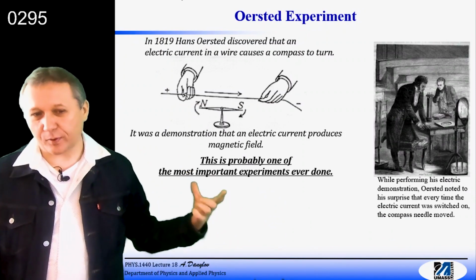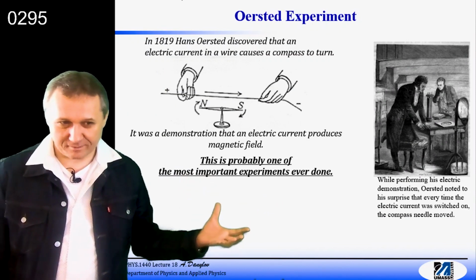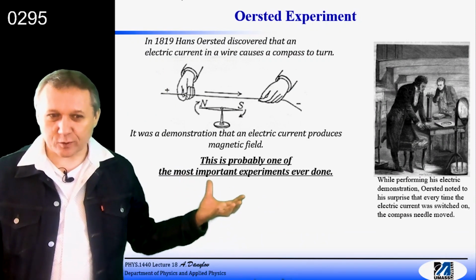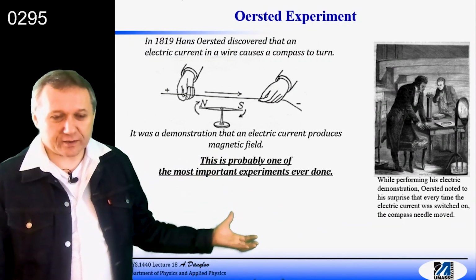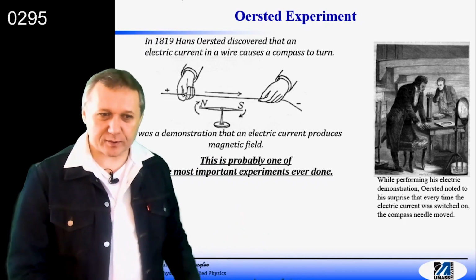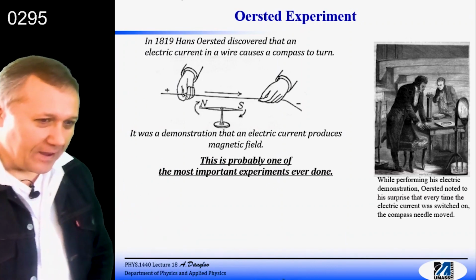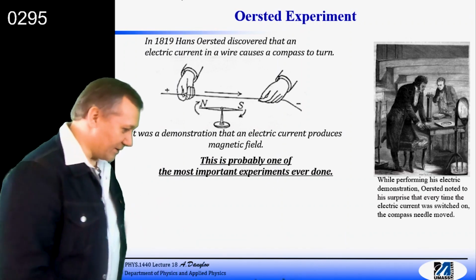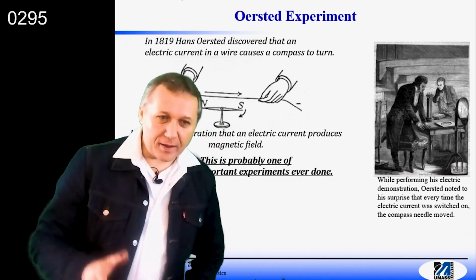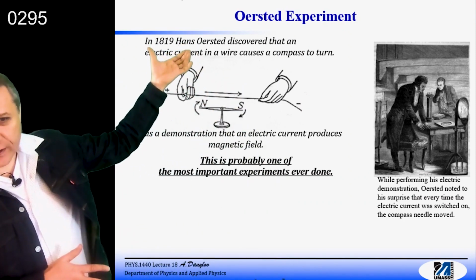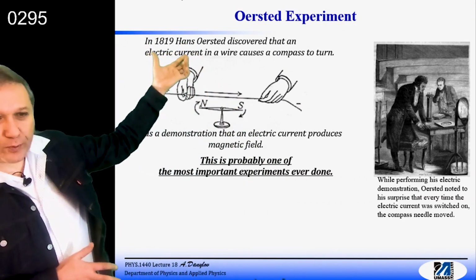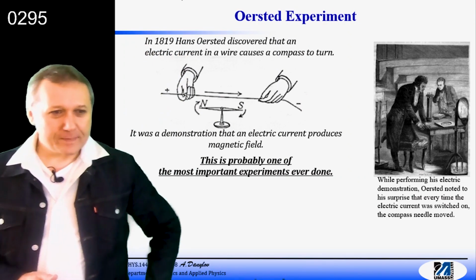Okay, it sounds banal, trivial for us, but still, lots of people believe that it's probably one of the most important experiments ever done. How come? What's so important about this? It sounds like a simple experiment. And the explanation is this. Back then, the beginning of the 19th century, the Napoleonic Wars were just over.